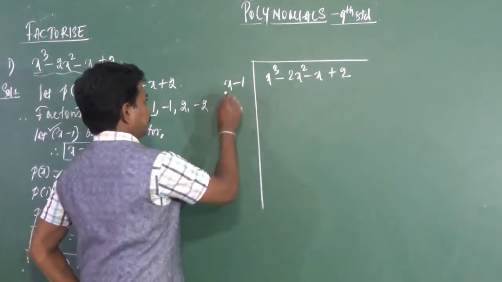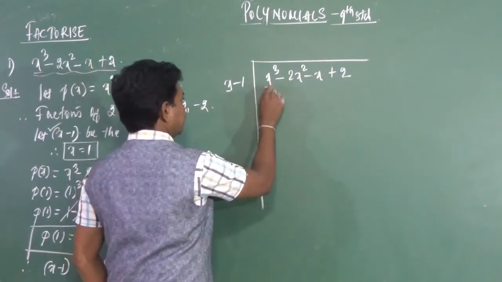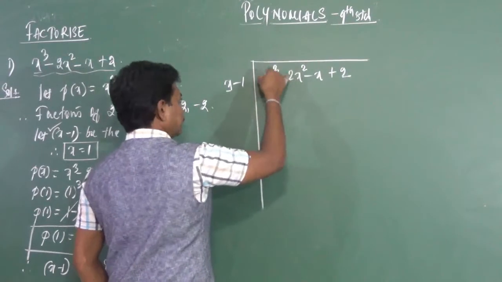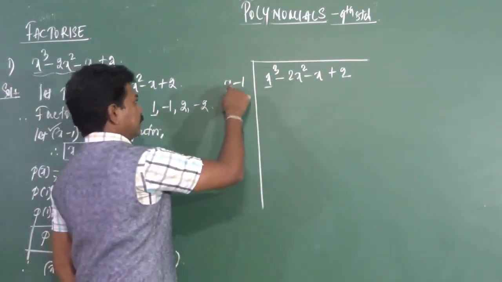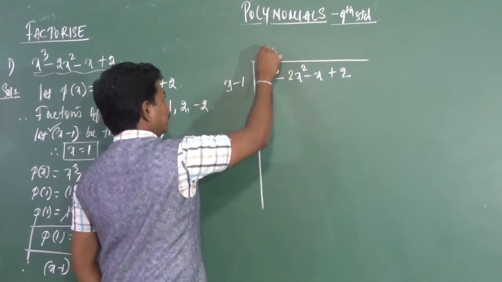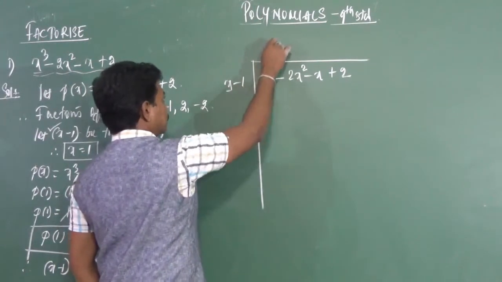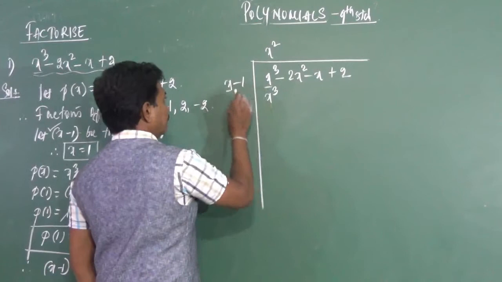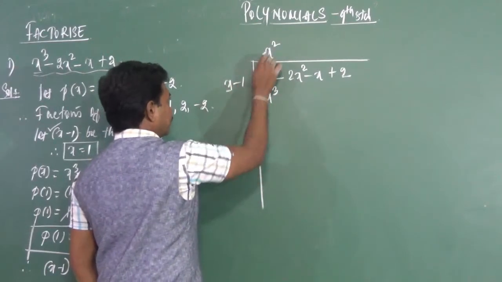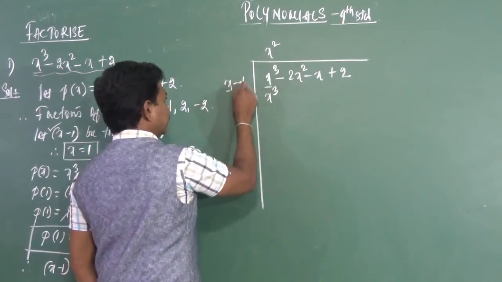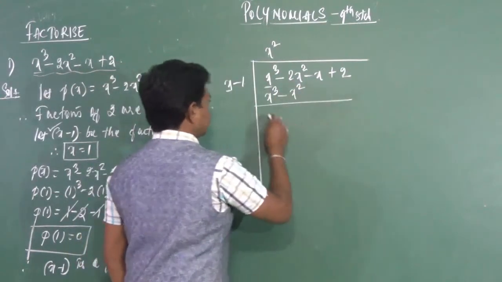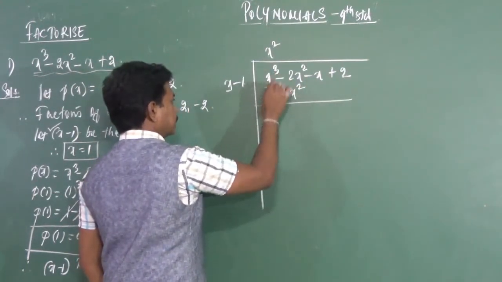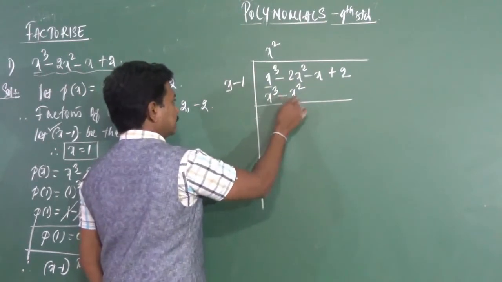Okay, now here we have x and here we have x cube. Always target the first term. Now x into what gives you x cube? It is x square. X into x square is x cube, and multiply this x square by minus 1 also. So minus 1 into x square is minus x square. We have to subtract this from this, so the signs change.